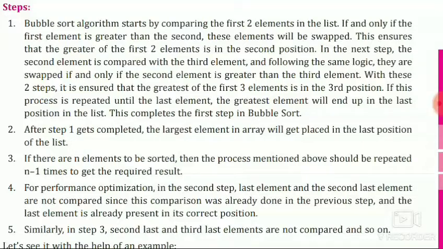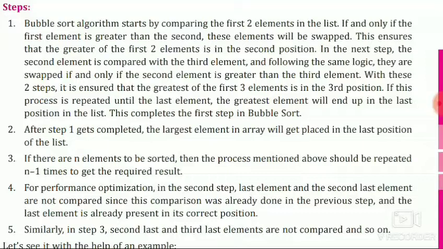In the next step, the second element is compared with the third, and following the same logic, they are swapped if and only if the second element is greater than the third element. With these two steps, it is ensured that the greatest of the first three elements is in the third position. If this process is repeated until the last element, the greatest element will end up in the last position in the list.